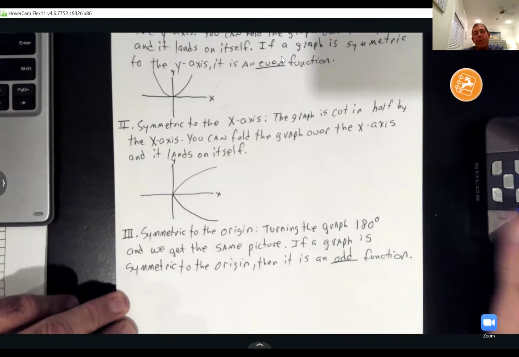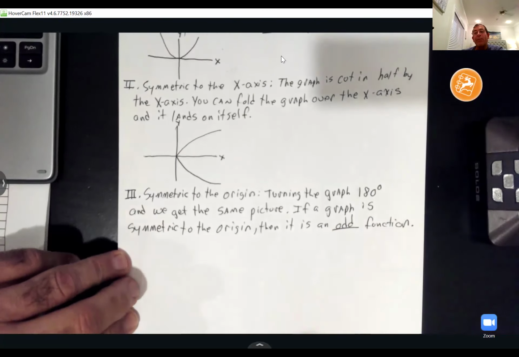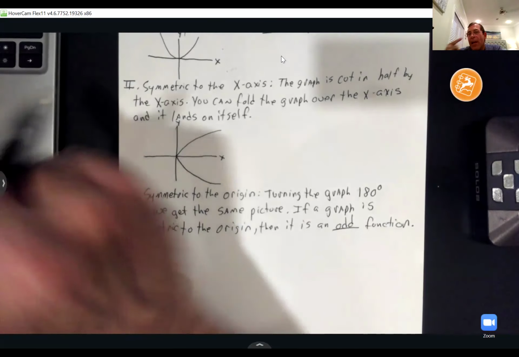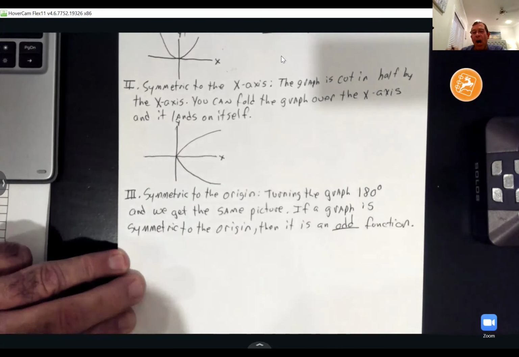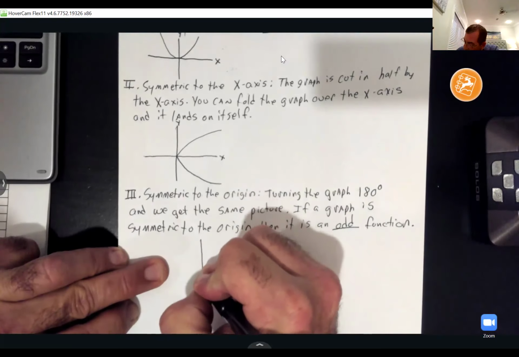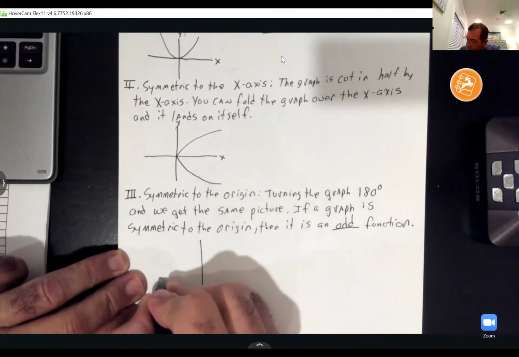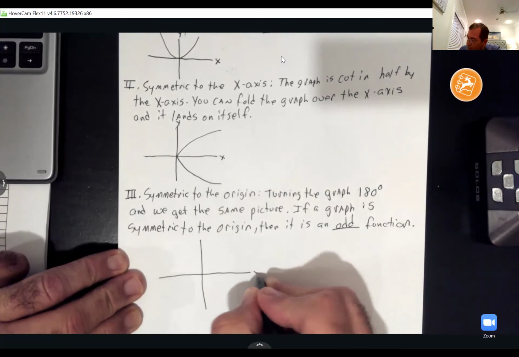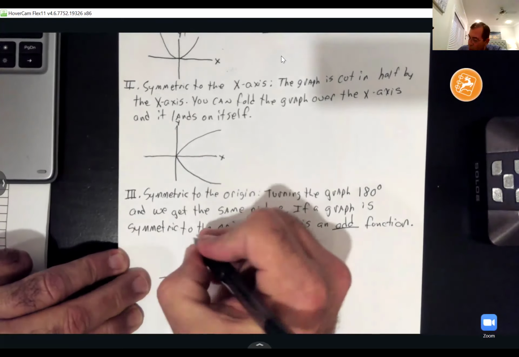Because graphs that are symmetric to the origin, you'll see later in life, they have odd exponents. So y'all, let me show you one that would be symmetric to our origin here.